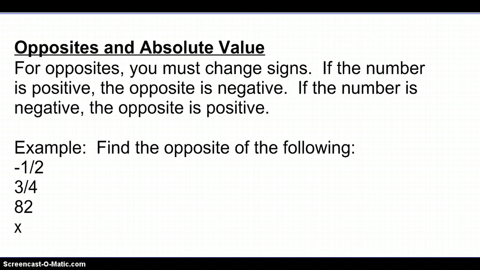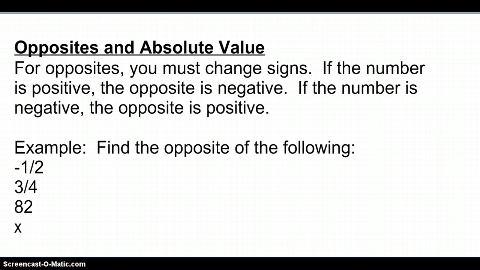We're going to take a look at opposites and absolute values. For opposites, you have to change the sign. So if the number is positive, the opposite would be negative. And if the number begins negative, then the opposite would be positive. Okay, so take a look at these four examples. We're going to find the opposite of the following. We have negative 1/2, 3/4, 82, and x.